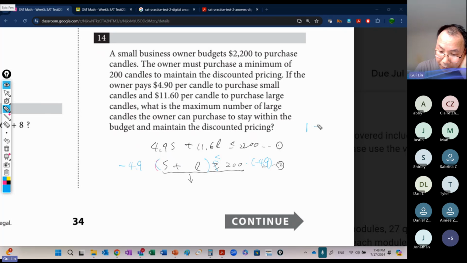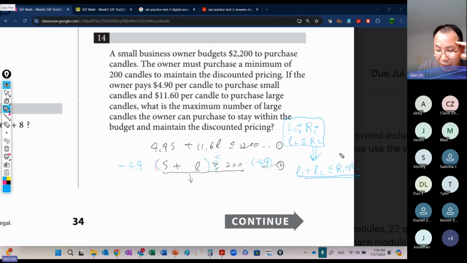What I mentioned here is, if left 1 is less than right 1, and left 2 is less than right 2, and the inequality directions are the same, they can do this: L1 plus L2 is still less than or equal to R1 plus R2. Did you know this rule? This is the rule. I did talk about it, but I didn't emphasize that one.